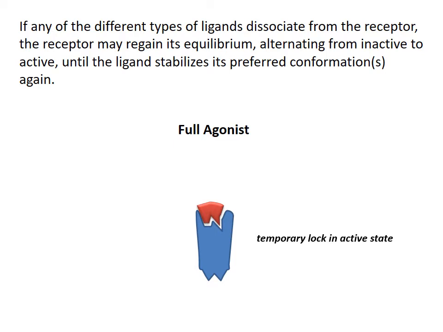When it matches that shape, it will lock it in that conformation. And that's temporary, but even though it's temporary, it's longer than it normally would be. So the point is that we're going to push it. If you look at 100 receptors or 1,000 receptors, we're going to push more of them towards the active conformation because we're going to stabilize them in that conformation.